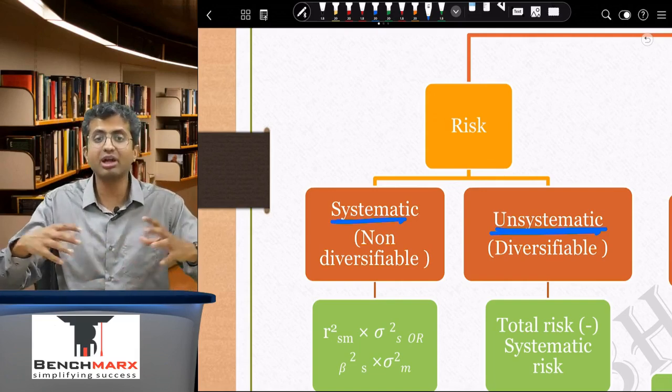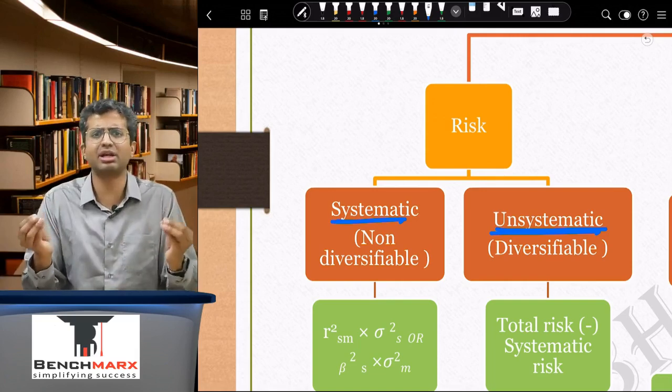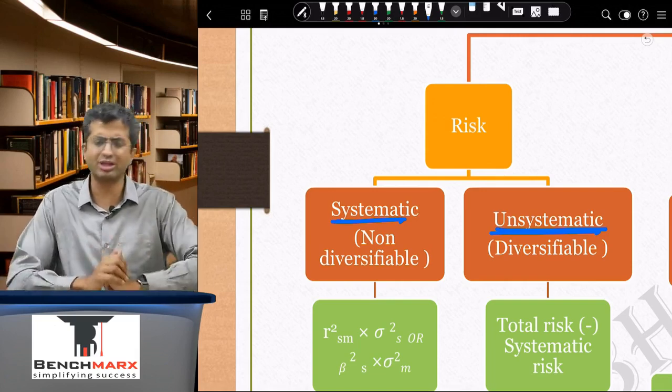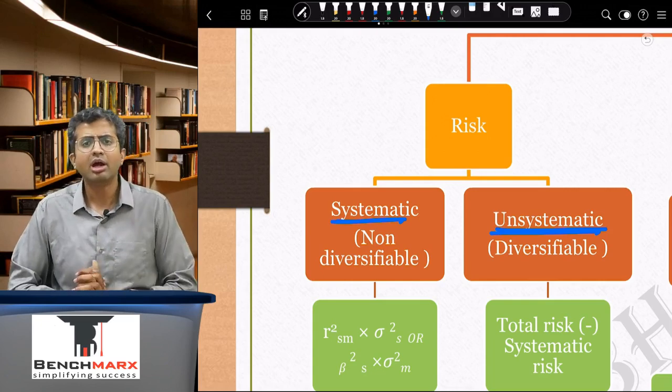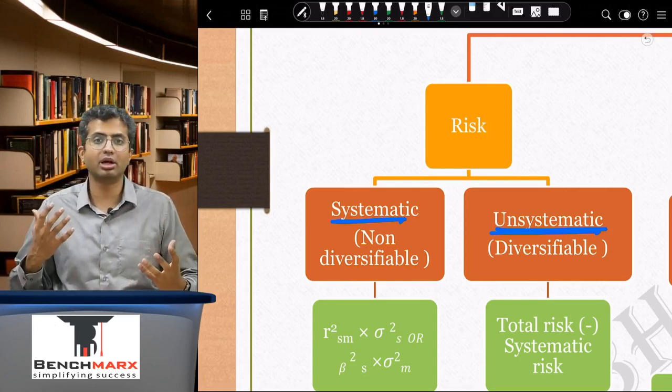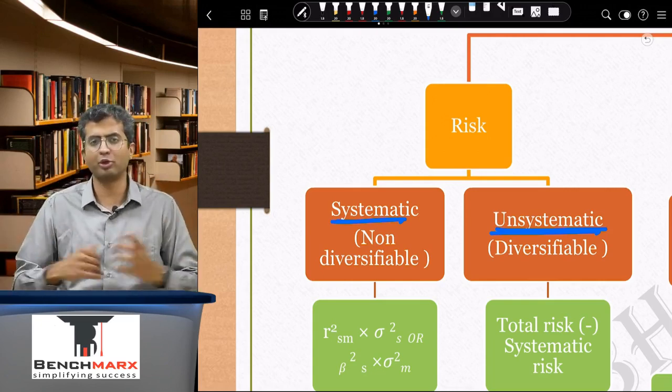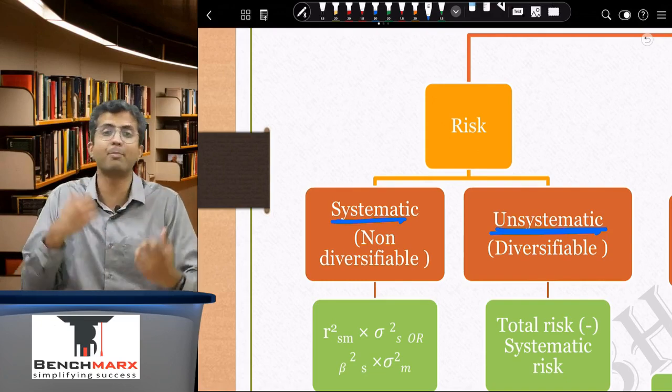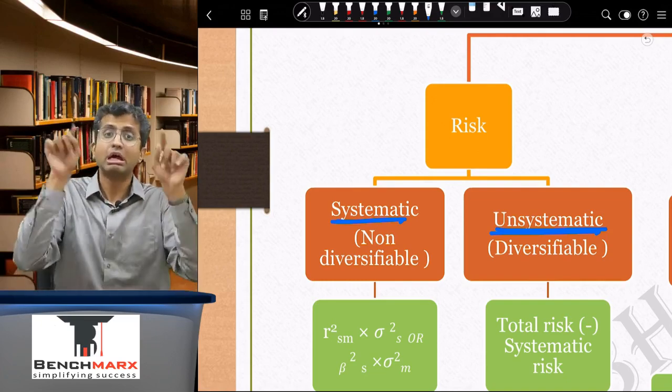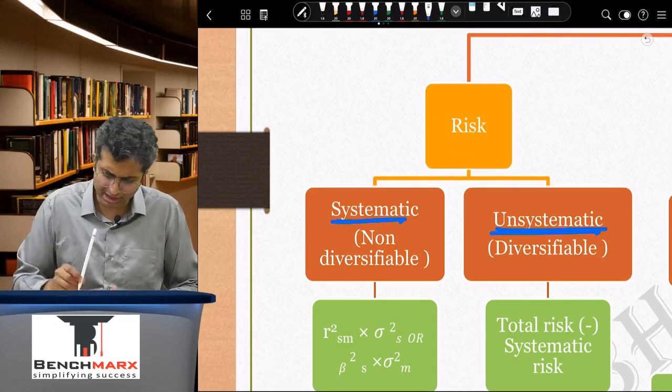So if you are holding a well-diversified portfolio, an unsystematic factor like the death of a particular CEO or a strike at a company will not really affect your overall portfolio return, and hence you should not expect compensation for bearing unsystematic risk, though you should expect compensation for bearing systematic risk.